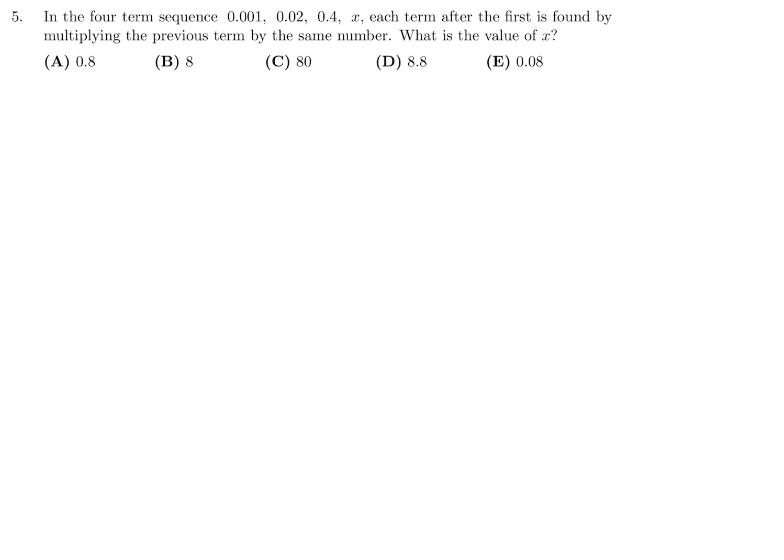In the 4-term sequence 0.001, 0.02, 0.4, x, each term after the first is found by multiplying the previous term by the same number. What is the value for x? So basically, we have to figure out what is that number that you have to multiply the terms by. Well, how do we figure that out?